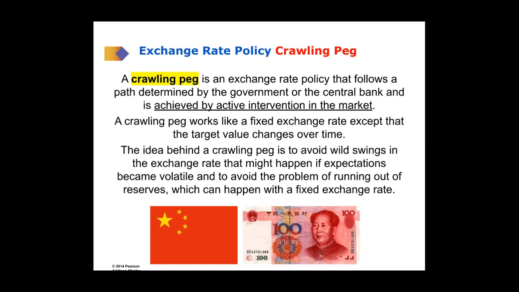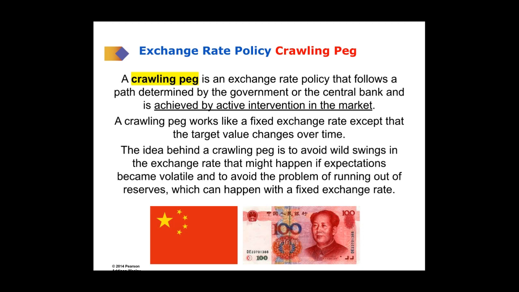And this is something that China has been doing recently. They want to have their exchange rate be low for their currency, because by having an exchange rate that's low, it makes products that are produced in China less expensive to consumers around the world. And so the demand for Chinese-made products is high in that circumstance.